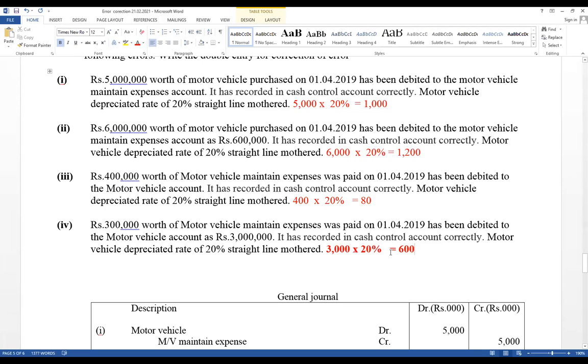Accumulated depreciation account debit, depreciation expense account credit. It was depreciated erroneously. The maintenance expense was recorded as a motor vehicle, therefore depreciated. It means depreciation expense account debit, accumulated depreciation account credit. But now it should be removed. Accumulated depreciation account debit, depreciation expense account credit.